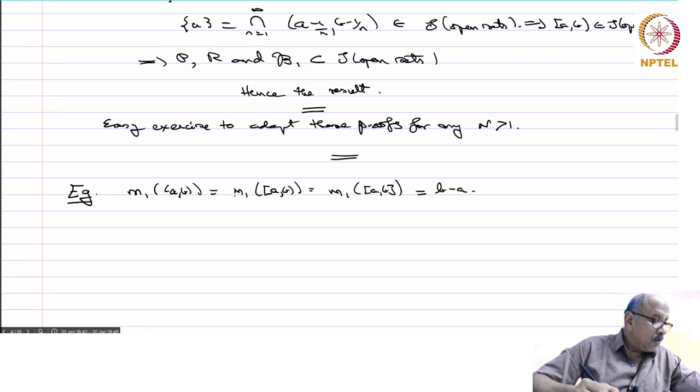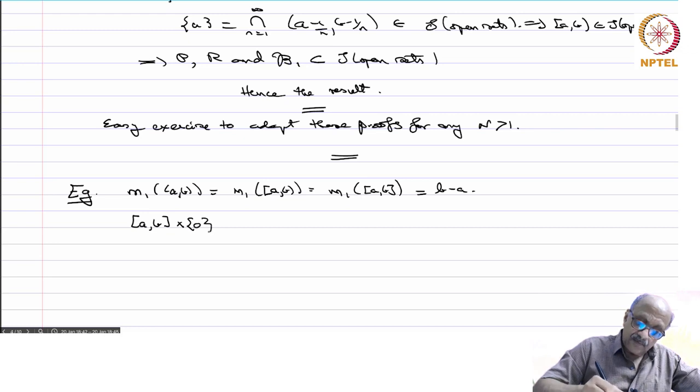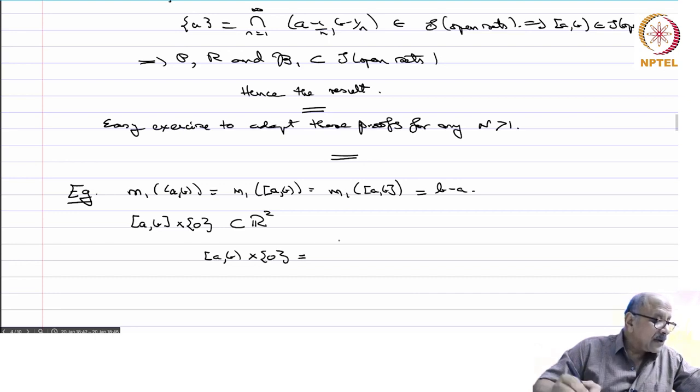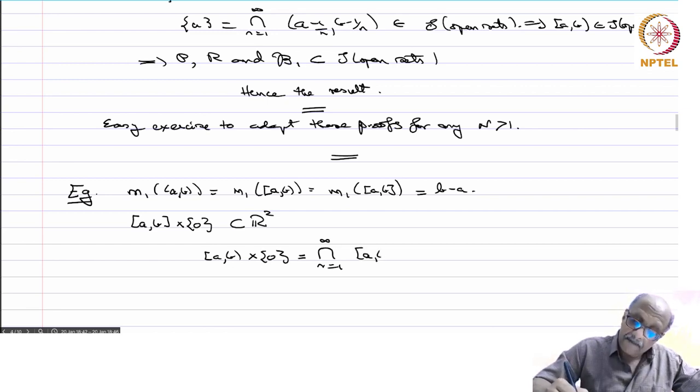Okay, now let us take (a,b) cross {0} contained in R^2. So (a,b) cross {0} can be written as intersection n equals 1 to infinity of (a,b) cross (0, 1/n).